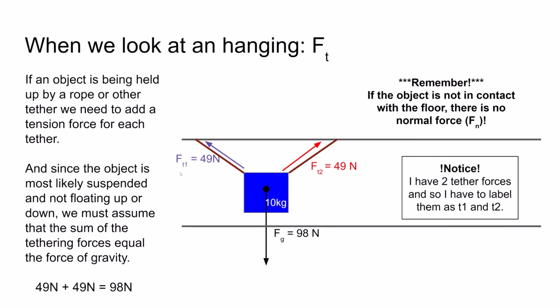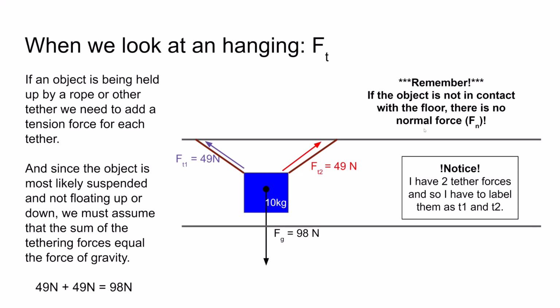Okay? And notice I have F of T1 and F of T2. Because I have two different tethers, I need to have them labeled as tension force 1 and tension force 2. So if the object is not in contact with the floor, there is no normal force. Remember this, because it's not in contact with the earth. The earth isn't pushing back on it because these tethers are holding it up.